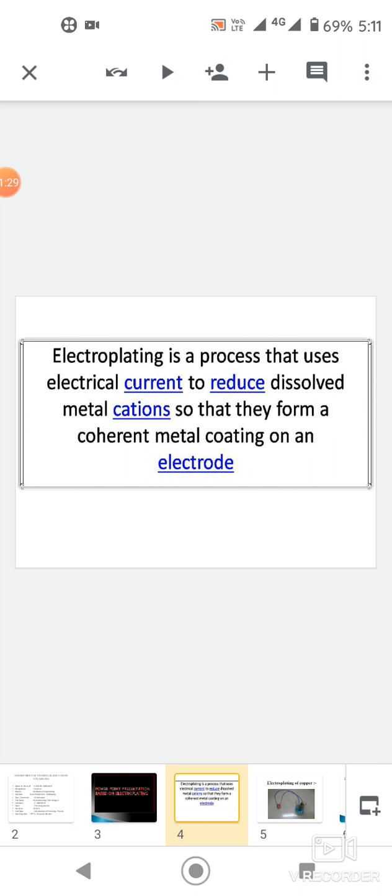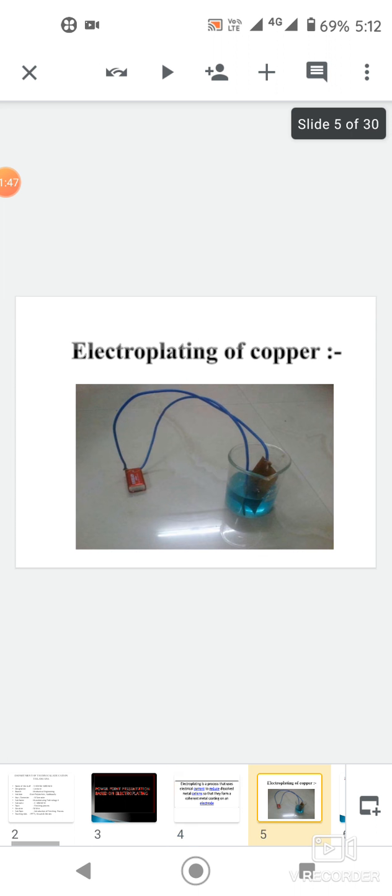Electroplating is the process that uses electrical current to reduce dissolved metal cations so that they form a coherent metal coating on an electrode. This is the electroplating of copper figure.